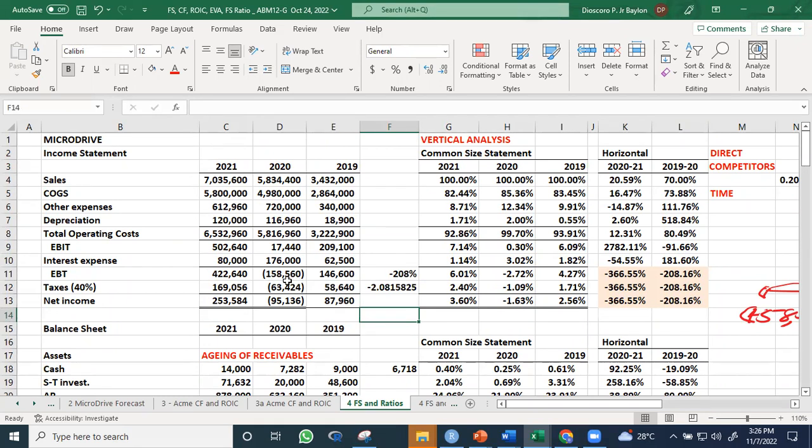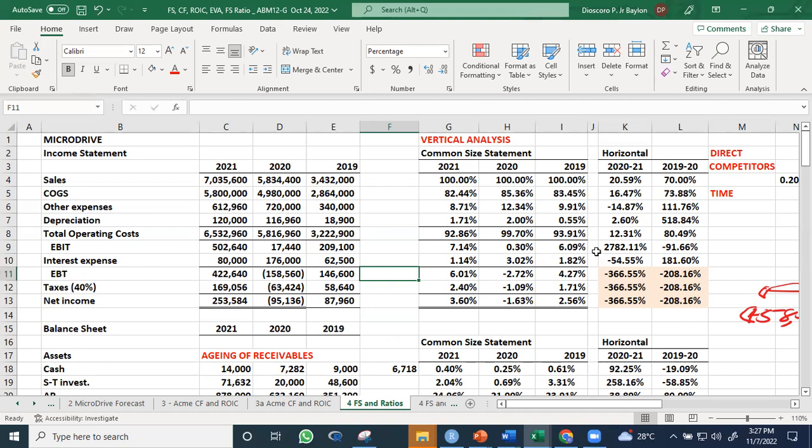By how much did EBT decrease? Class, by how much? Kasi from 146, naging negative 158. So yun ang gusto natin i-measure. Gaano kalaki yung binaba?